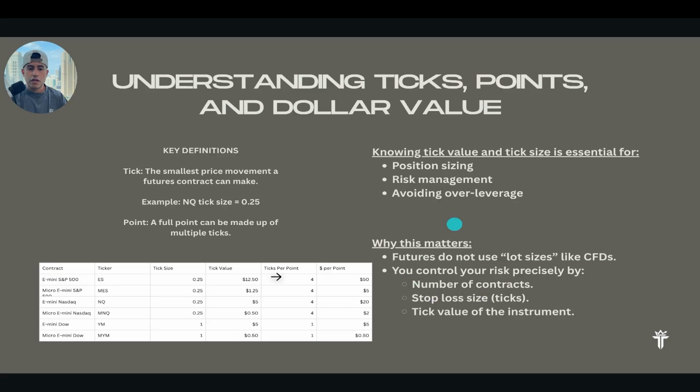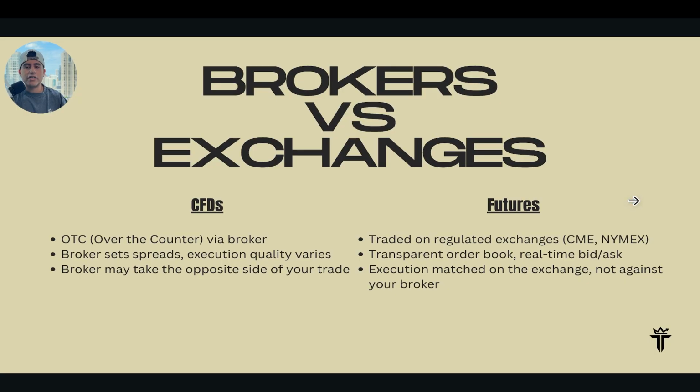So take a little screenshot of this if you need to, just so you can reference this when you're trading, and you can kind of see, okay, what risk am I using? And in a different video, I'm going to walk you guys through every single asset and what the tick value is, what the point value is, and how we can make a template with that. But for now, we just want to make sure we can start. That's the big thing, is we can start and we have confidence risk-free.